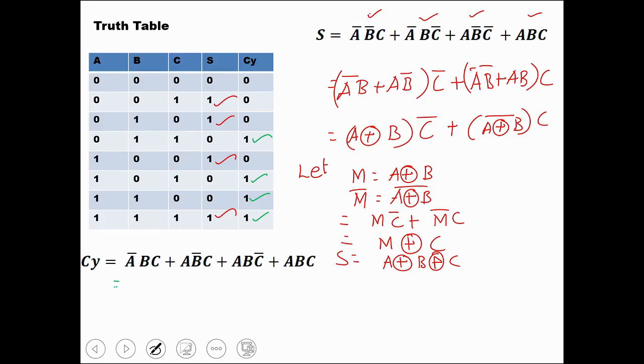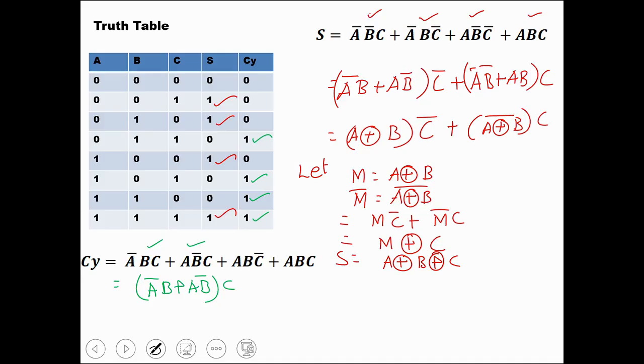So if you simplify this, we are getting, by grouping the first two terms, in both the terms, C is common. If you take it outside, A bar B plus A B bar.